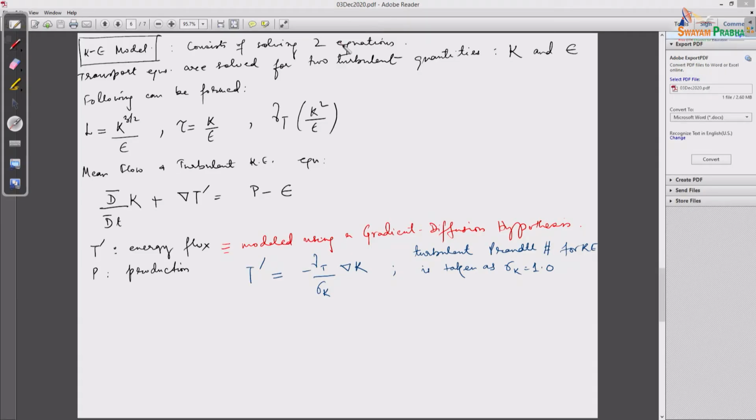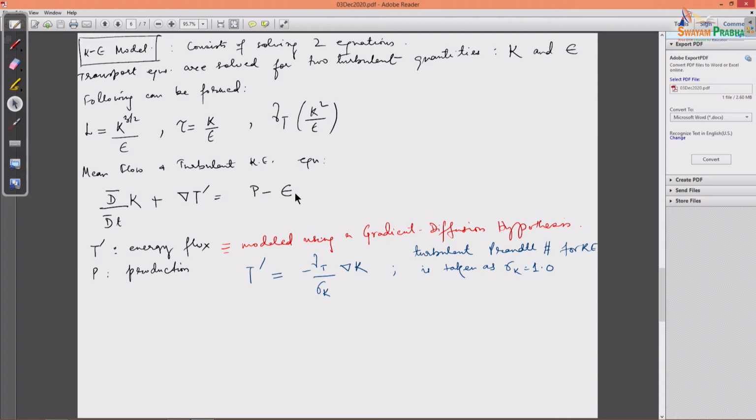Like we started last time, the K-epsilon model essentially consists of solving two equations. Here we have the turbulent K equation, and we described this last time. We spoke about this one equation and kind of stopped here.